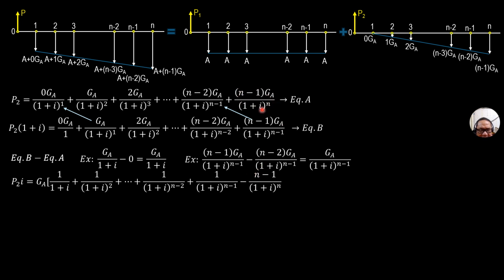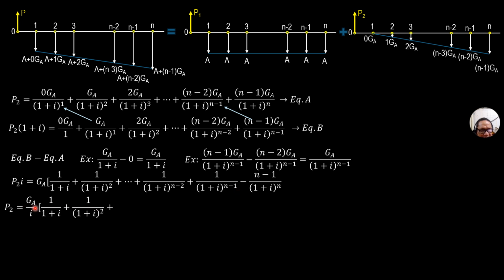So minus quantity n minus 1 G sub A, which is factored out, over 1 plus I to the n. So take note that this first term up to here, and we distribute also negative of negative 1 over 1 plus I to the n. So there is 1 over 1 plus I to the n as last term here.